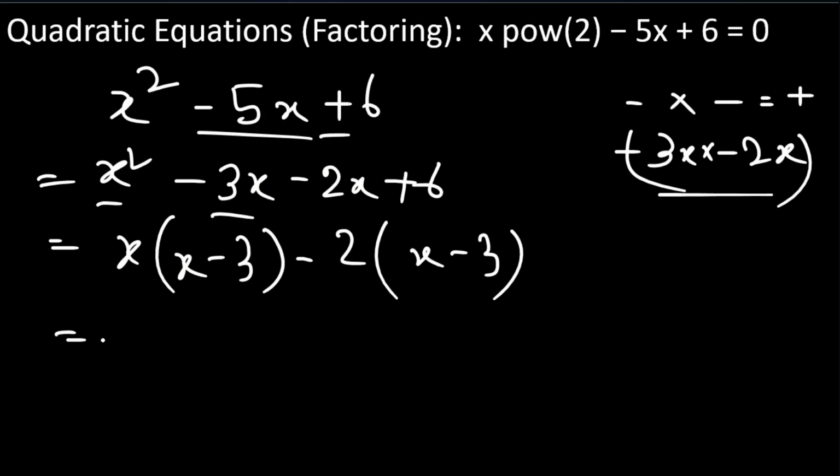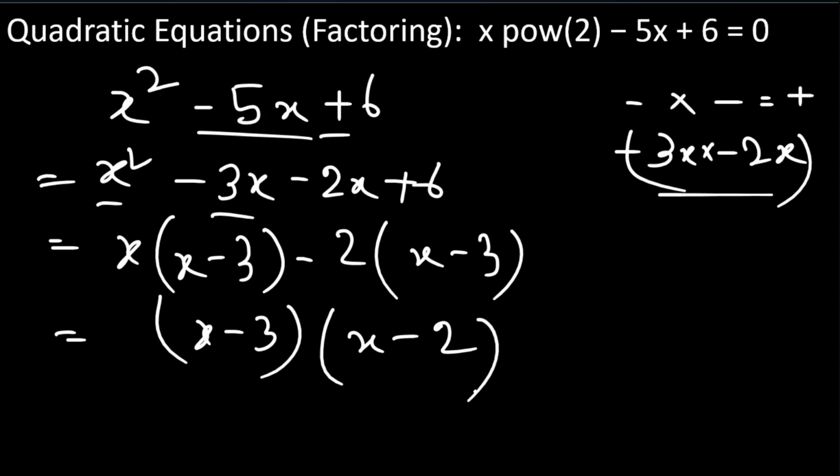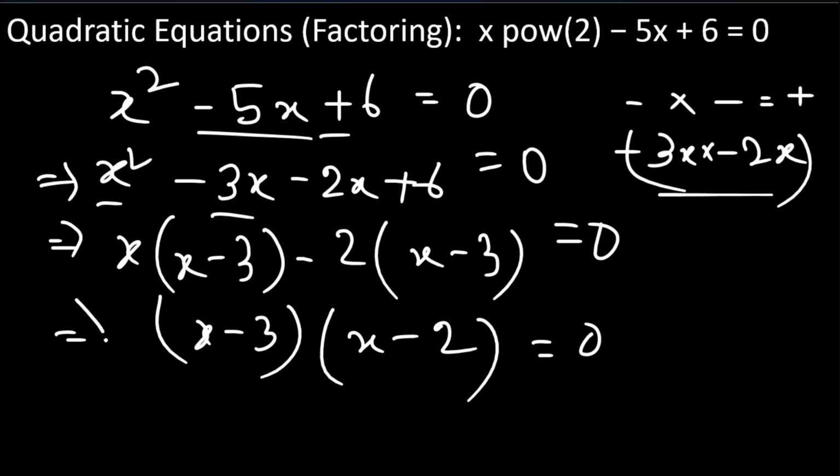So one of the factors is x minus 3 and the other is x minus 2, equals 0. So we will get the value of x equals 3 and 2.